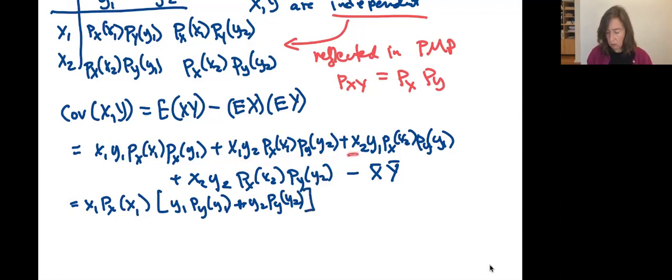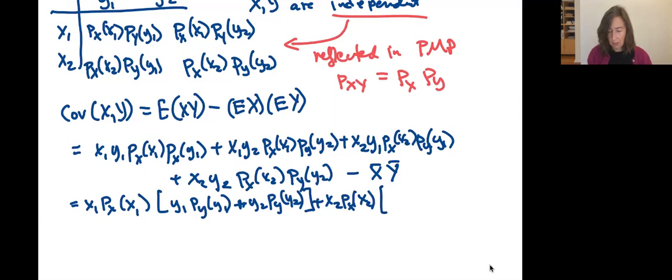I've got two more terms here, and I want to factor out the x2 and the probability of x2 from these two terms. Plus x2 pX(x2).